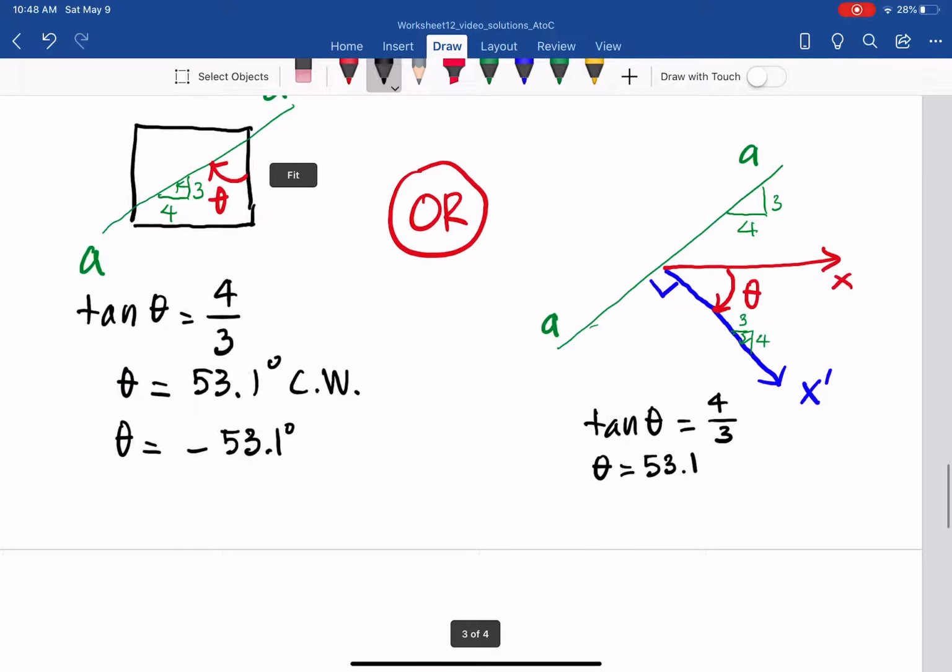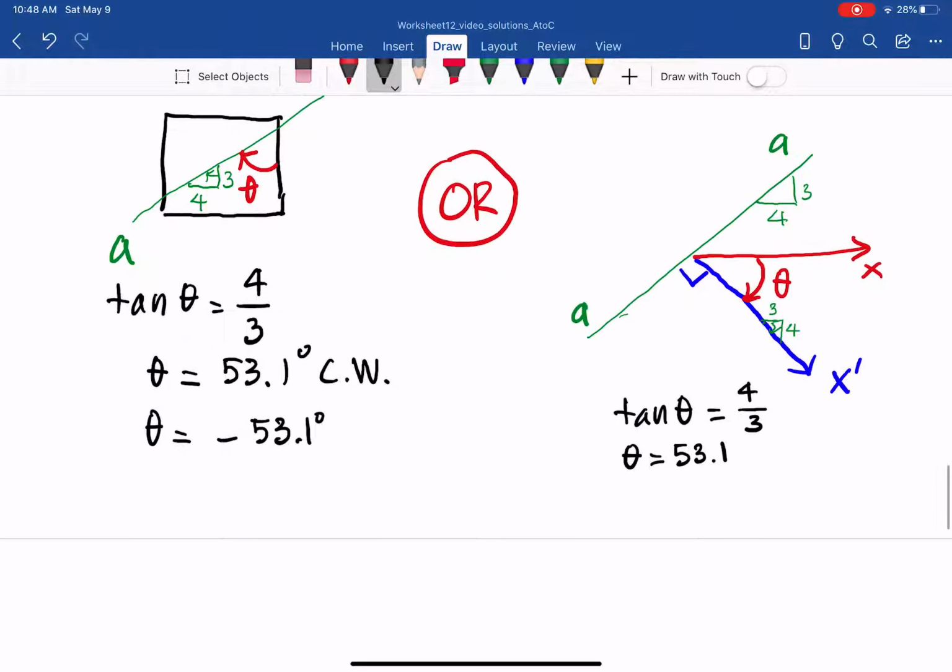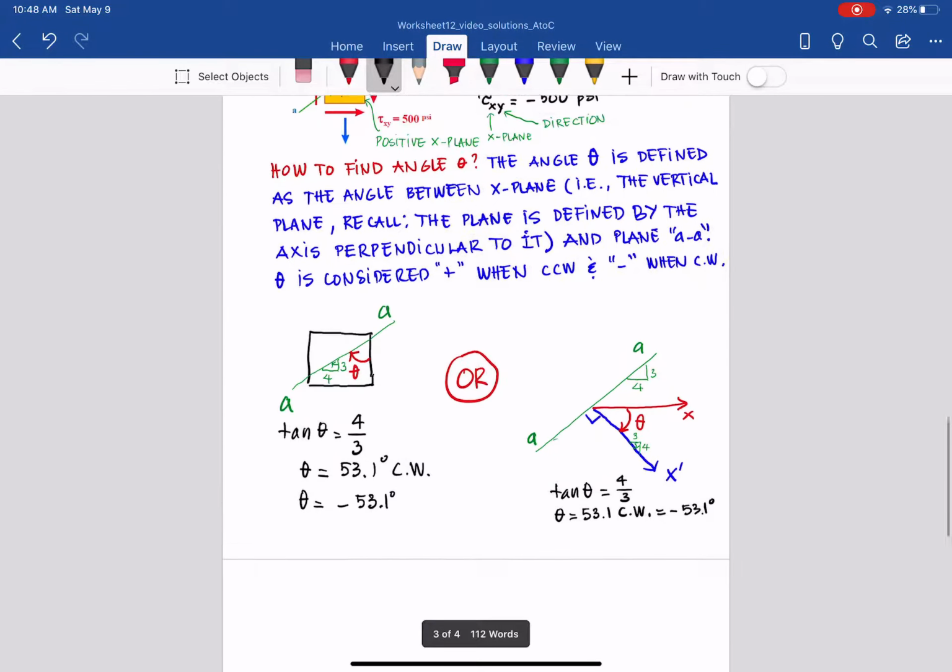Either way, it is clockwise, so it is negative 53.1 degrees. That is very important.